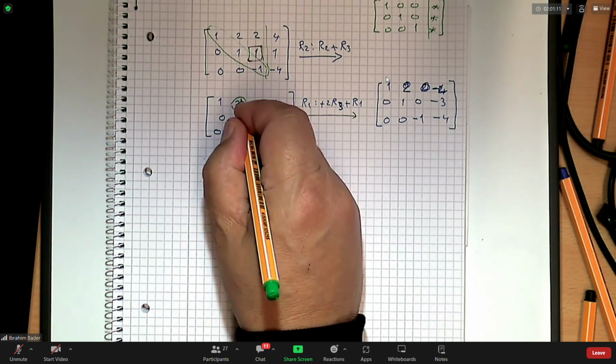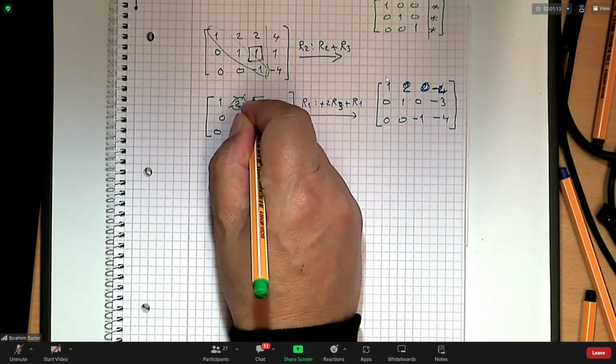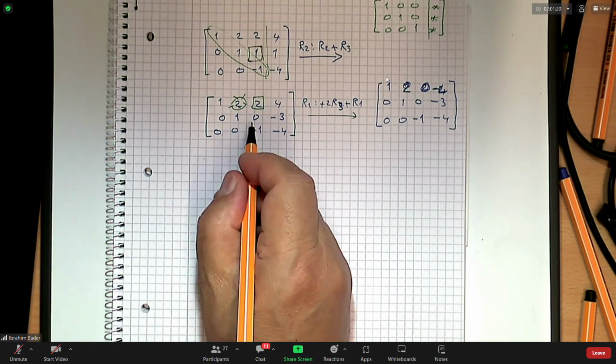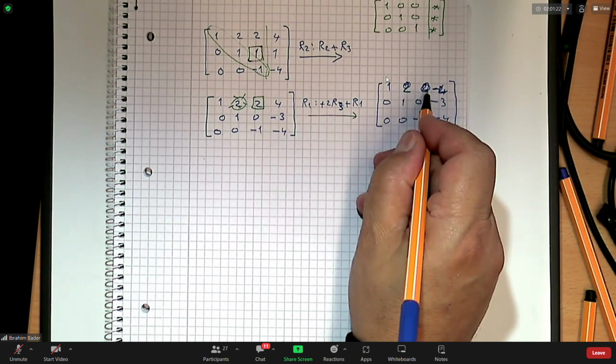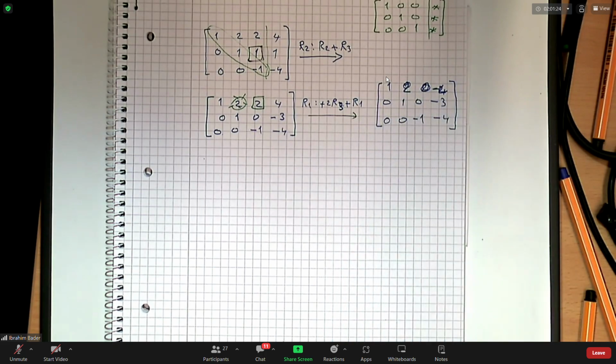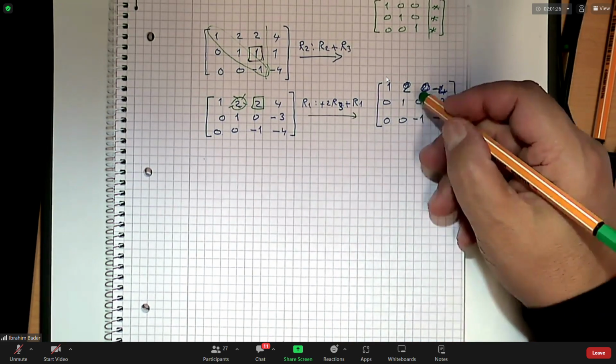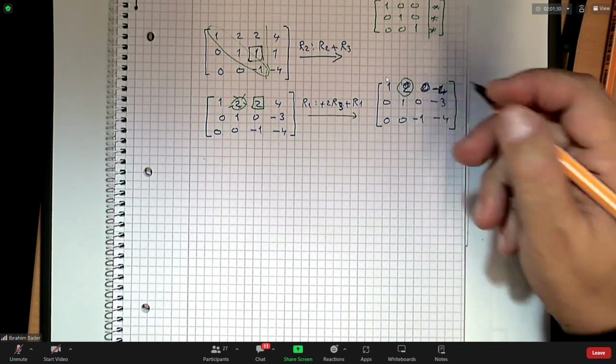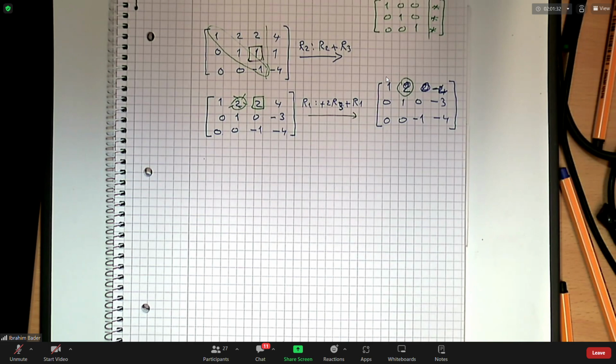No, we said this 2 we are eliminating. Okay? This 2. This is the 2 we are eliminating, what we did here. Now the next step, we have only to eliminate this last 2 here. And obviously we will add it to -2 of R2 plus R1.